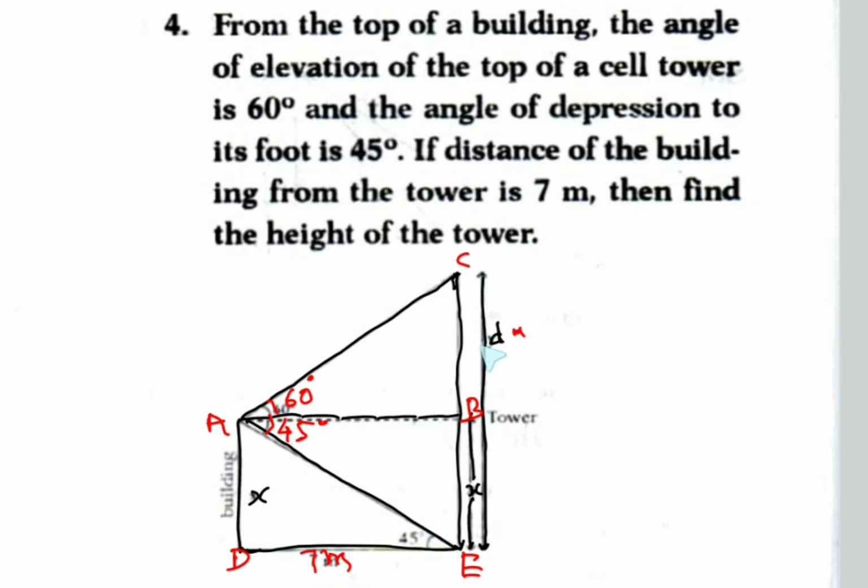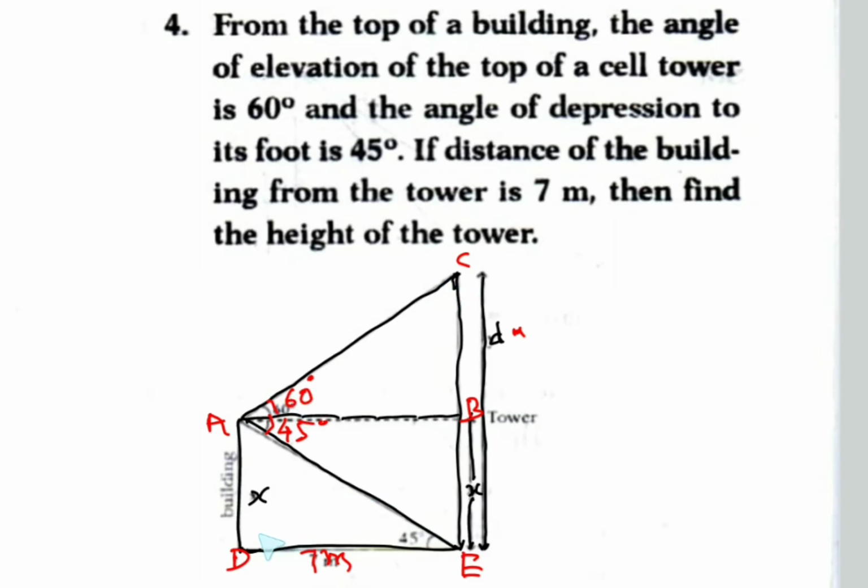Now look here, this is a building, AD is the building and its height is X meters, and the tower is D meters. CE is the tower and BE is the equivalent height of the building. Between the building and the tower the distance is 7 meters. We need to find the height of the tower. The angle of depression to the tower's foot from the top of the building is 45 degrees, and the angle of elevation of the tower's top is 60 degrees.